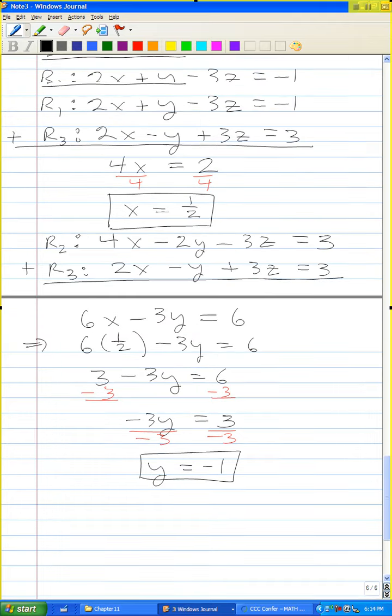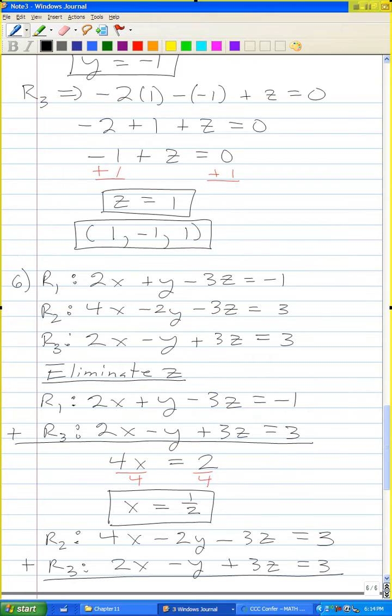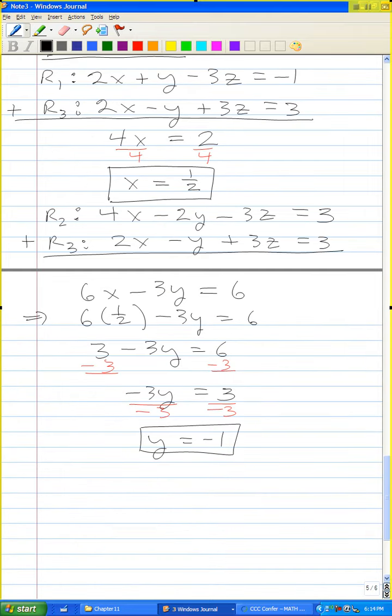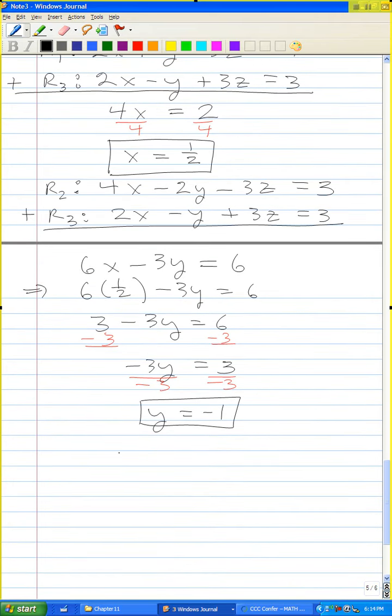And so I can use any one of these equations to figure out z. And I guess it really doesn't matter. They're all about the same. So the only one that has a plus sign is R3. So why don't I use R3, I guess. And so 2x minus y plus 3z equals 3.